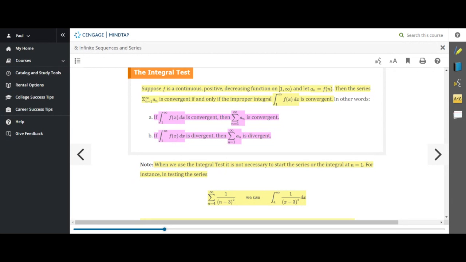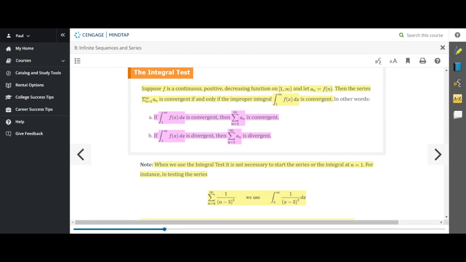So what does the integral test say? It says, suppose you have a function that's continuous, positive, and decreasing on the interval from 1 to infinity, and let a sub n be the function evaluated at n. Then the corresponding infinite series is convergent if and only if the improper integral is convergent.